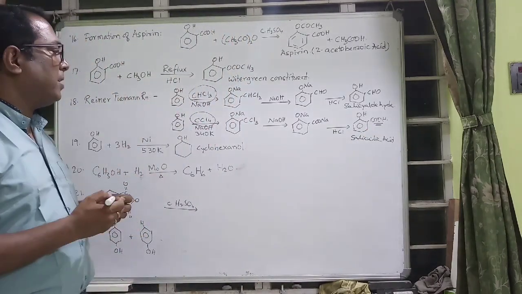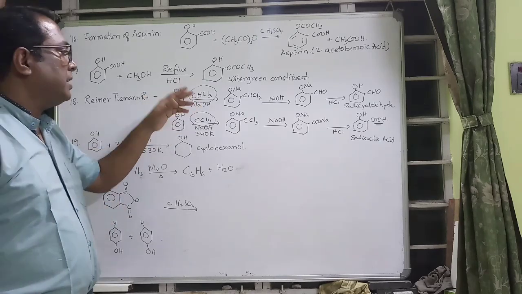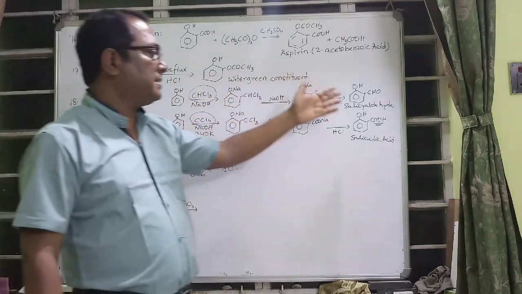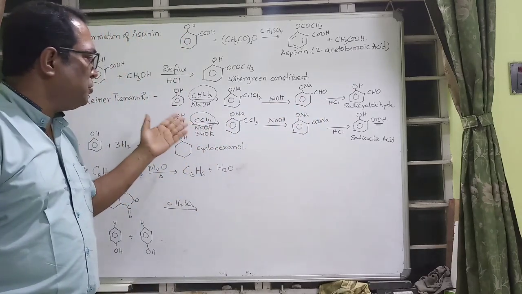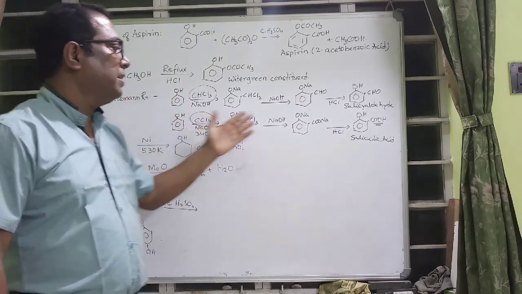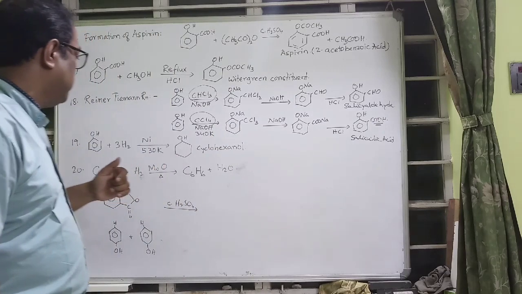So when you use chloroform, you get salicylaldehyde, while if you use carbon tetrachloride, you get salicylic acid.